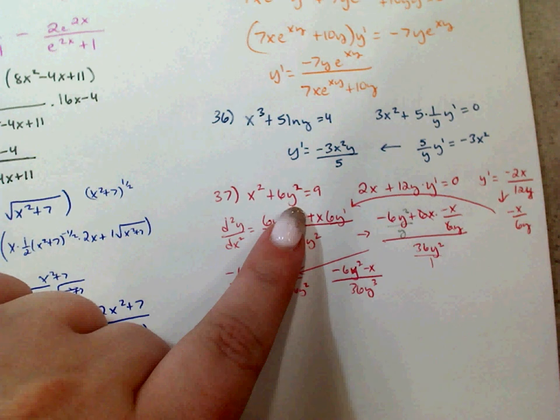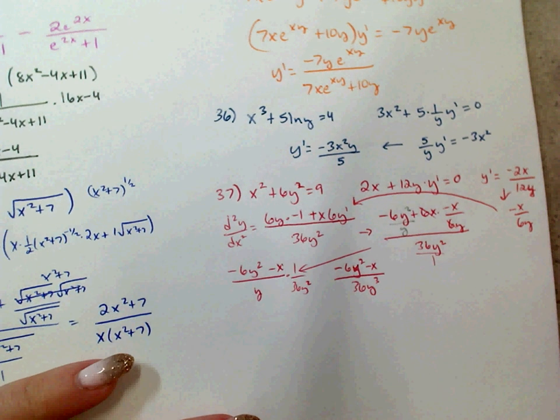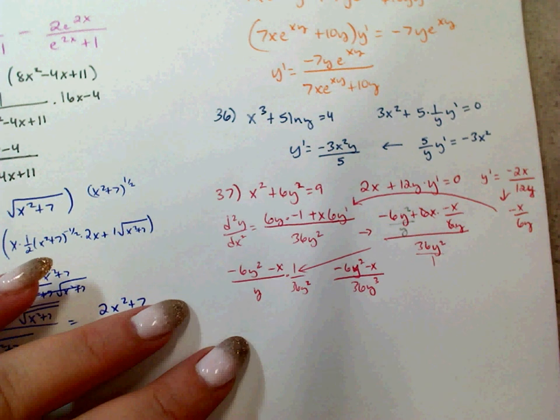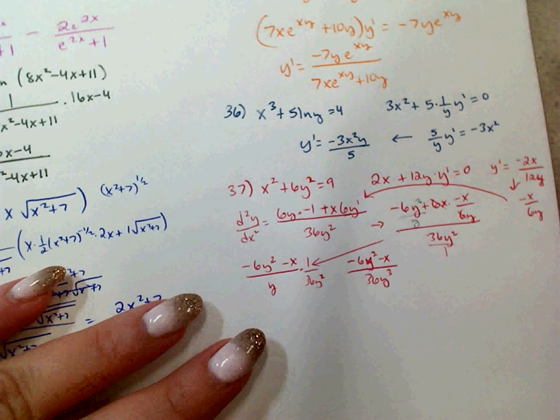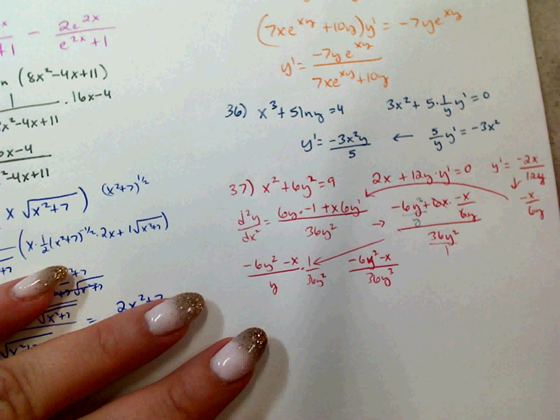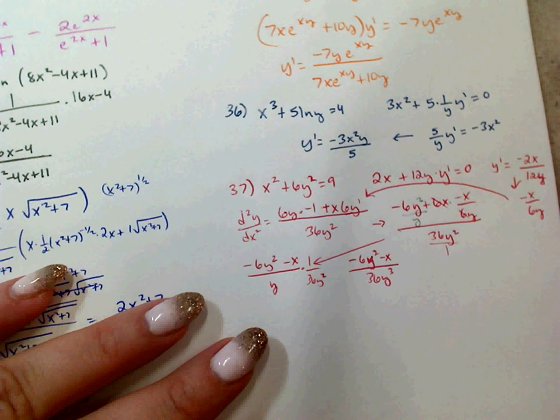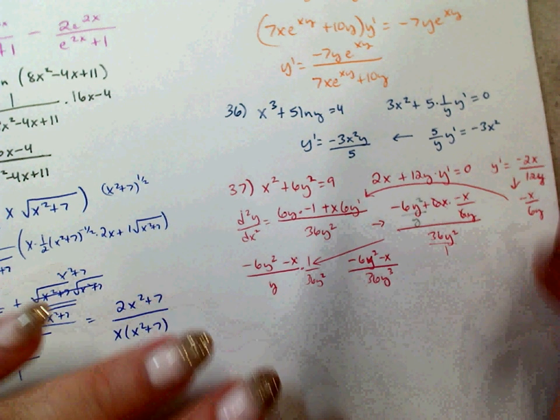So x squared, 6y squared. I forgot my x squared. X times x is x squared.